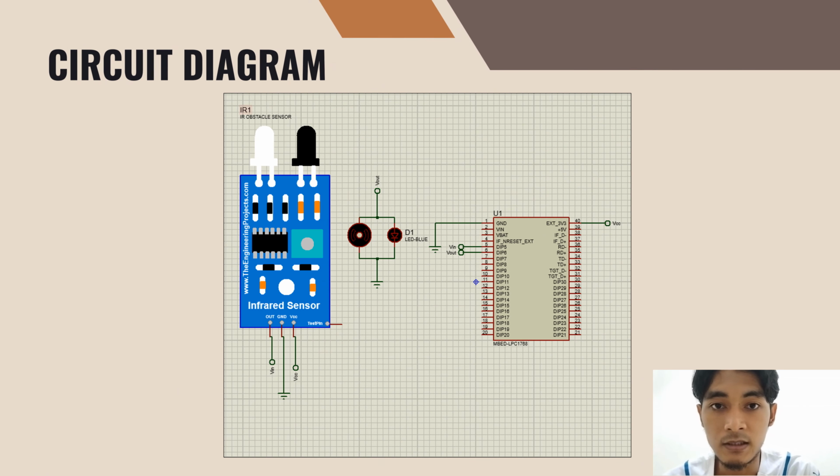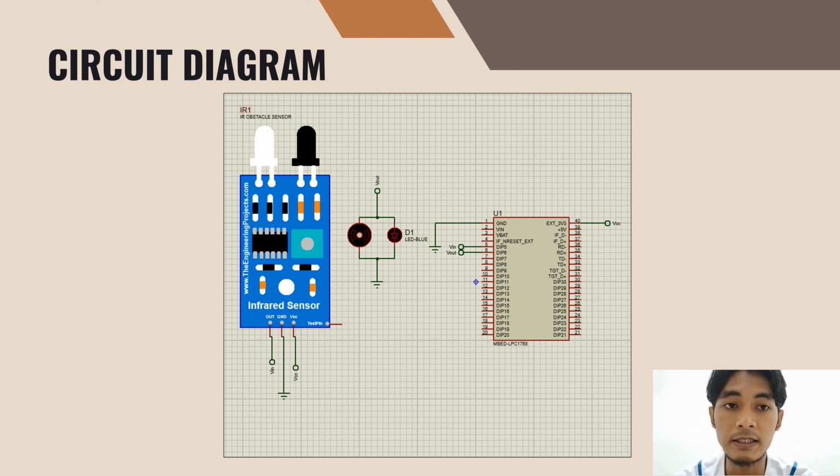Here is the circuit diagram for our system. There are 4 components involved, which are the IR sensor, motor, LED, and also the microprocessor LPC1768. For the input, which is the IR sensor, it has 3 pins, which are out, VCC, and also ground. The out pin will connect to pin 5 on the LPC1768.